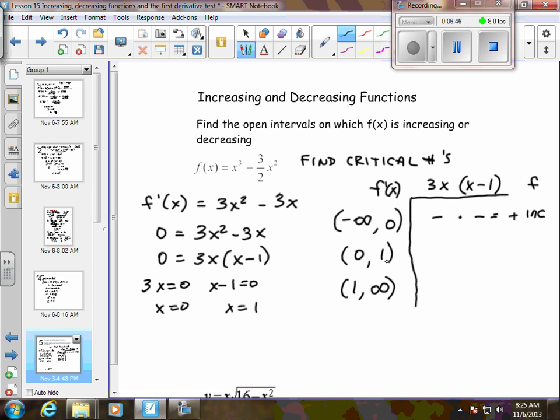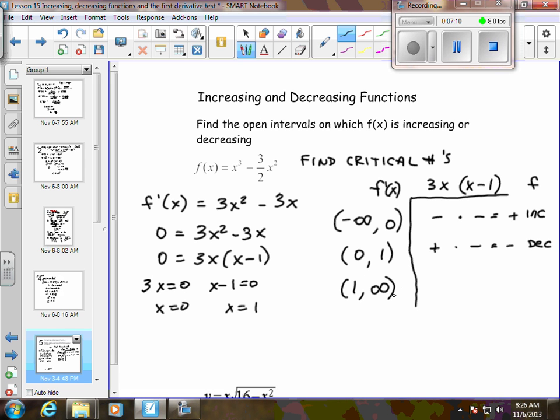Next, we pick a number in the interval 0 to 1, like 1/2. 3 times 1/2 is a positive number. 1/2 minus 1 is a negative number. When you multiply a positive by a negative, you get a negative, which means that the function is decreasing.